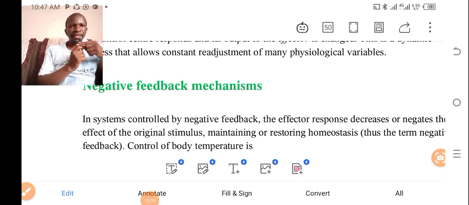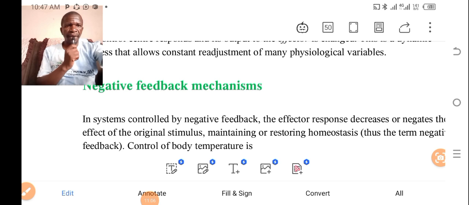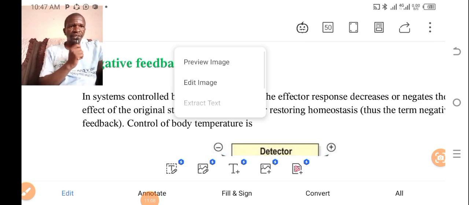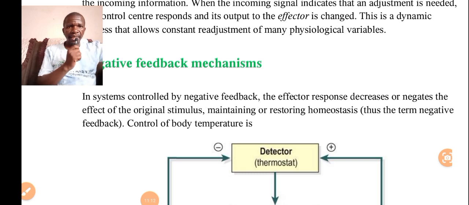So let us look at the negative feedback mechanism and how it works under homeostasis. In systems controlled by negative feedback, the effector response decreases or negates the effect of the original stimulus, maintaining or restoring homeostasis. Thus, the negative feedback.